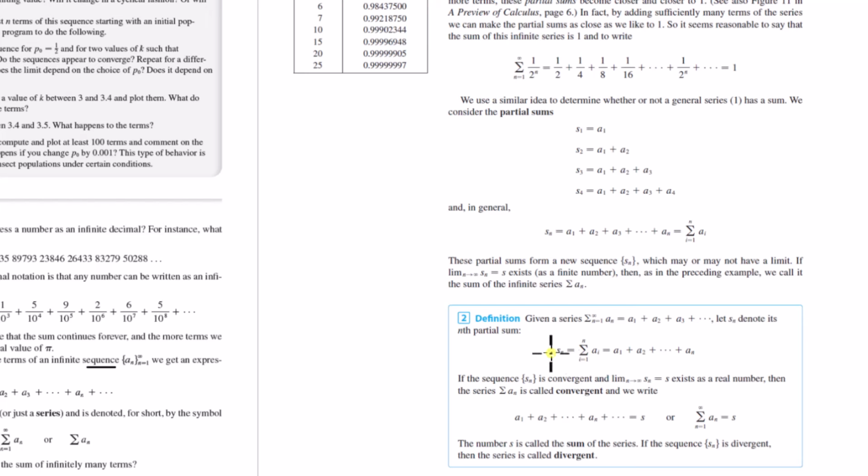Then if the sequence S sub n is convergent, I couldn't start off by saying if the sum of the a sub n's is convergent, because we don't know what that means. But if we think about this S sub n as a sequence, which we can, then we can think about S sub n being convergent or not, because we just went through a whole section with example problems on analyzing the convergence of a sequence, right?